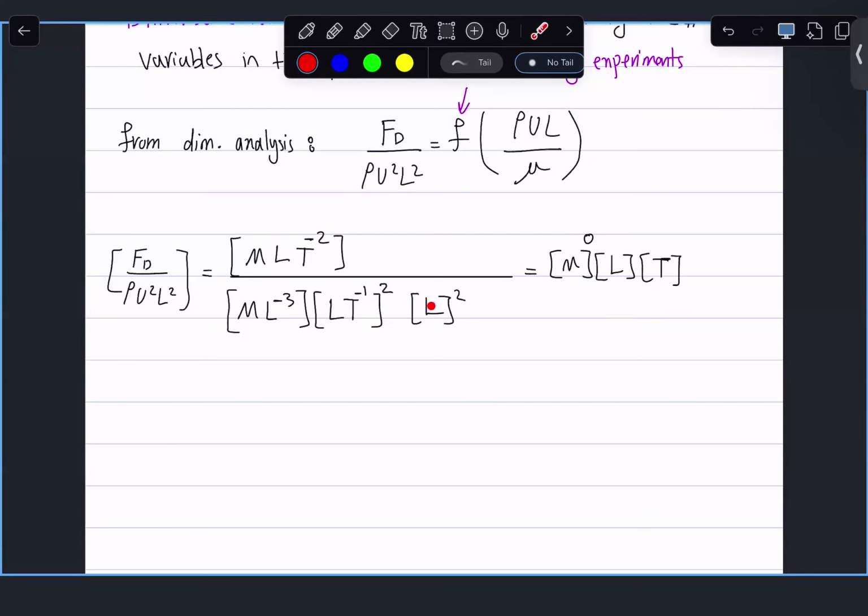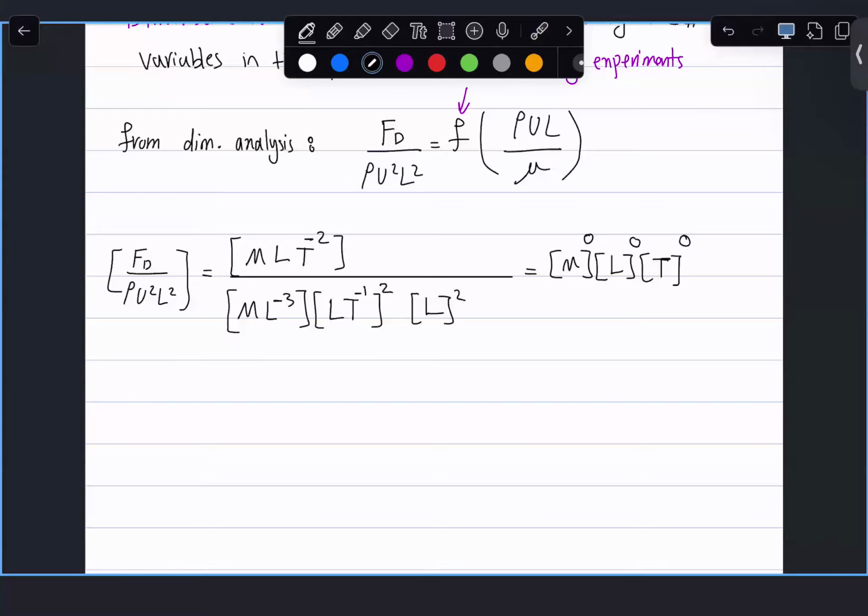Plus 2. So that's -3 plus 4, which is 1. And you have 1 in the numerator, so it's 0 again. How about time? Have a -2 on top and -2 here, right? So that's again 0.